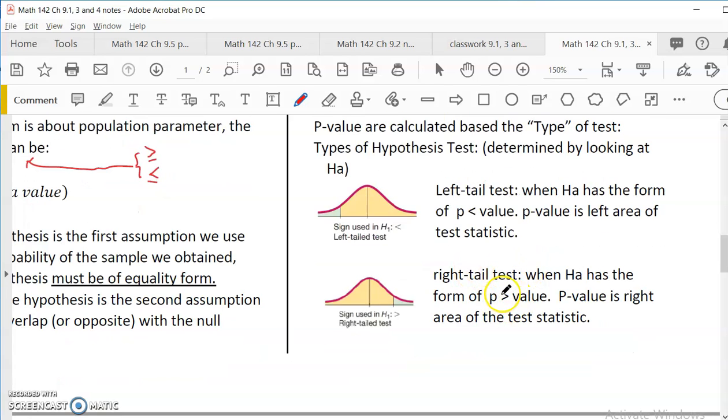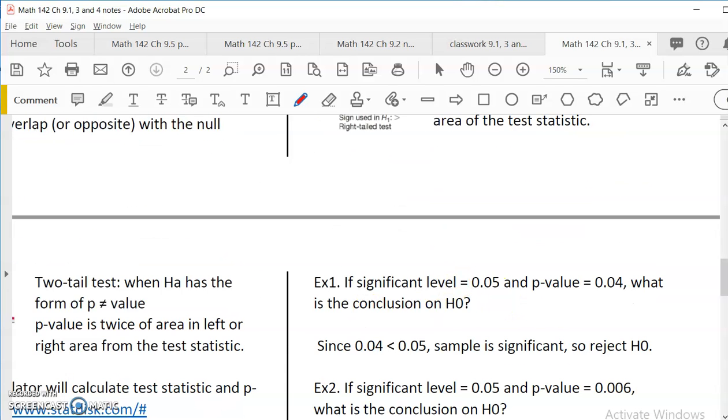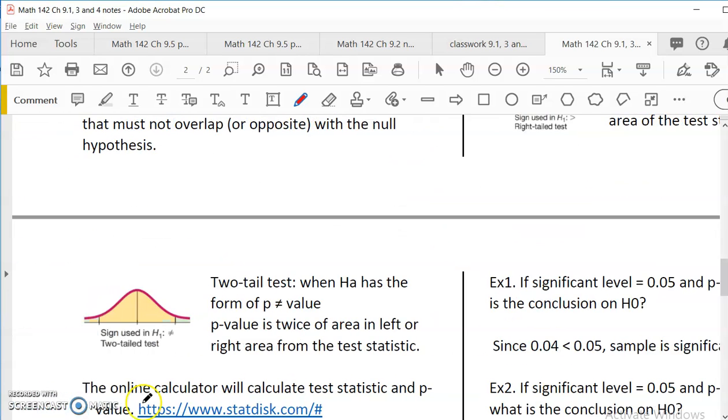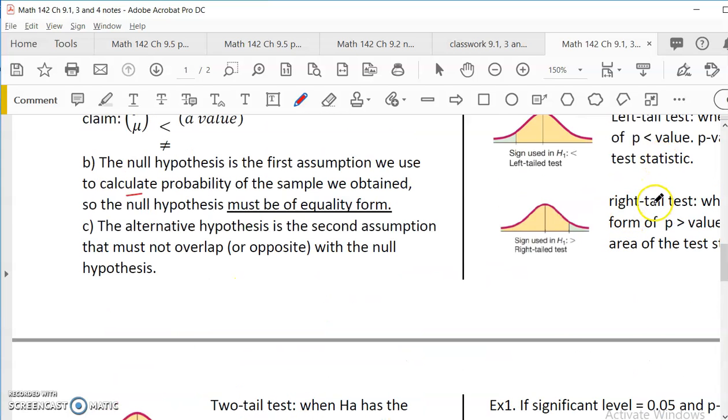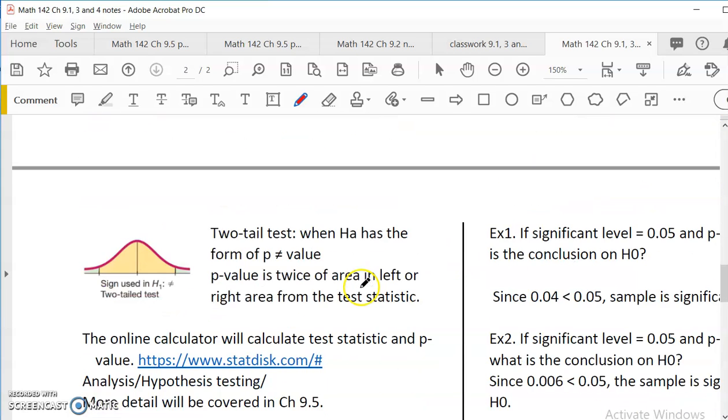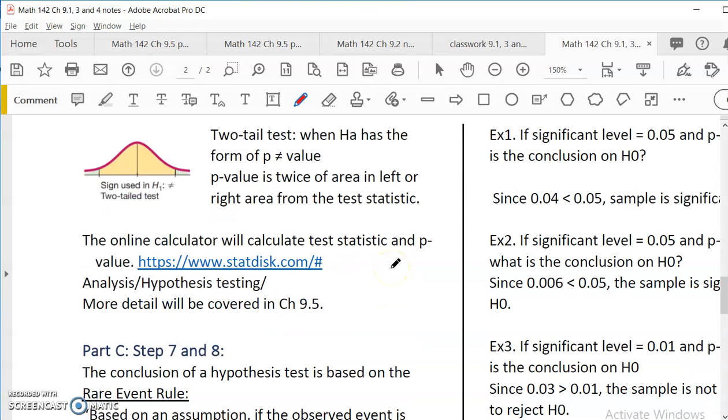Right tail test if your H1, the alternative hypothesis, has the form of greater than. And it's called a two tail test if your hypothesis is of not equal. So it's very easy. It's just a name. In some books, they call left tail and right tail a one-tailed test or one-sided test. And this is called a two-sided test also.